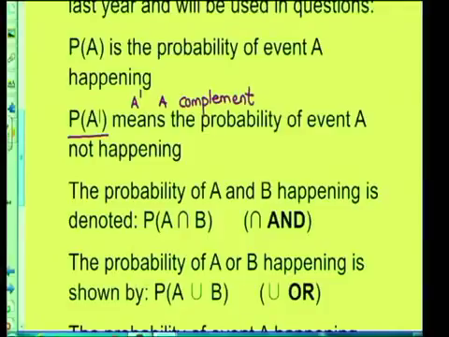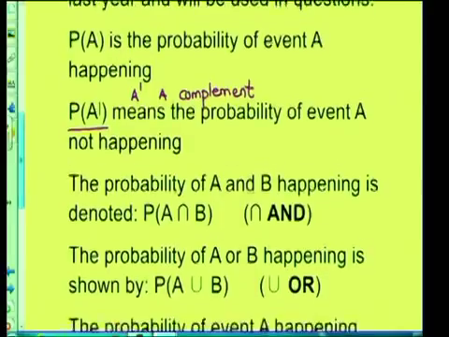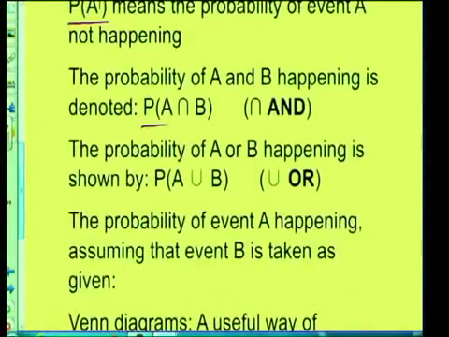Right, then we had the notation, the probability of A and B happening is denoted by the probability of A with this shape there, B. And what I'm telling you here is that that shape means and. Now, it's quite important that we understand the difference between and or.